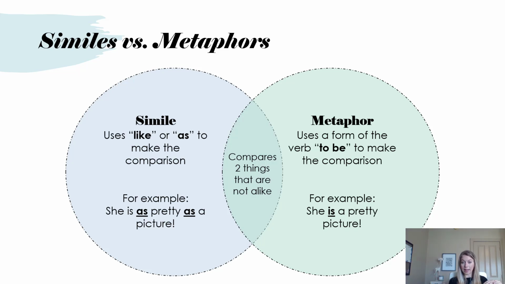Similes use like or as, whereas metaphors use forms of the verb to be. So you're going to see I am, you are, he is, she is, or it is. So for example, she is a pretty picture versus the simile form, she is as pretty as a picture. Two different ways to accomplish a very similar end.